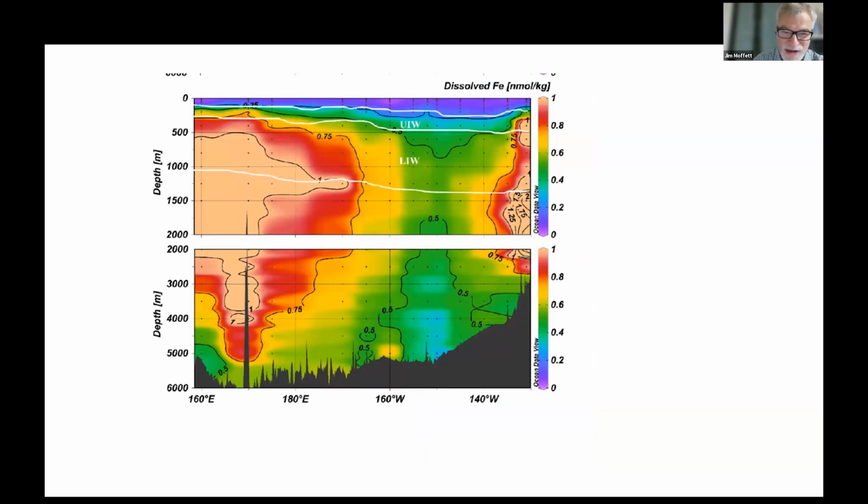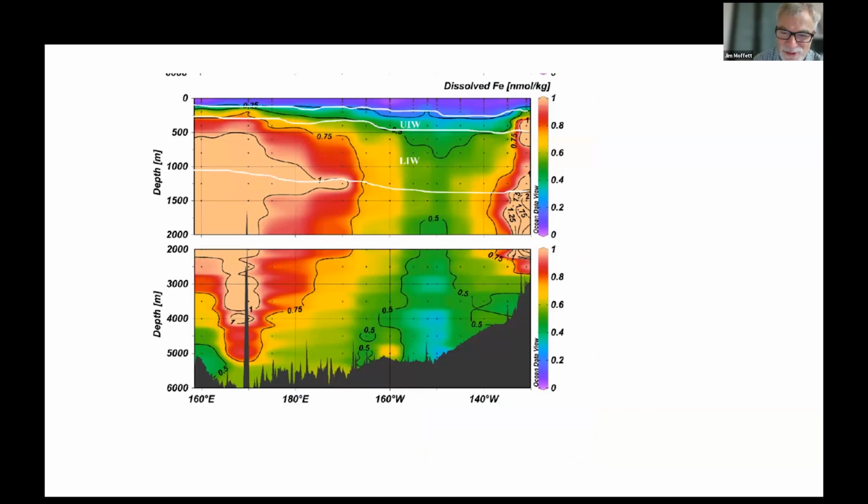If we look at the entire North Pacific basin, what we see is this massive plume coming from the west off the coast of Japan, but we also see a big plume coming off of North America, not extending as far to the interior, but also being a very important feature.